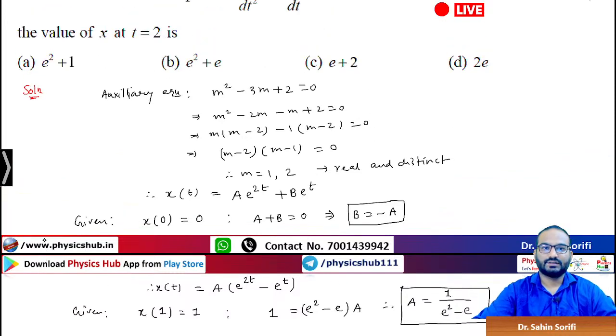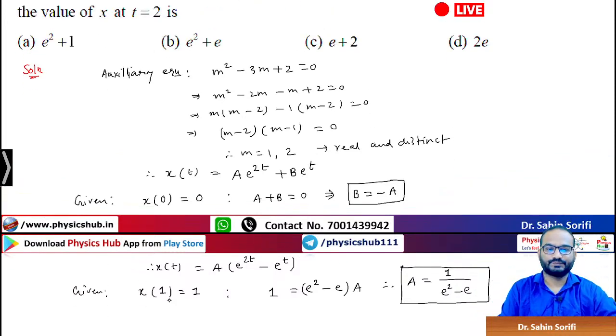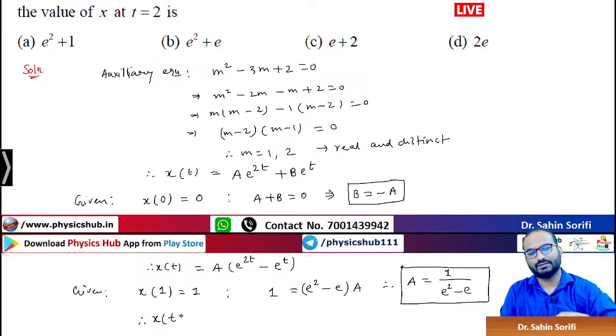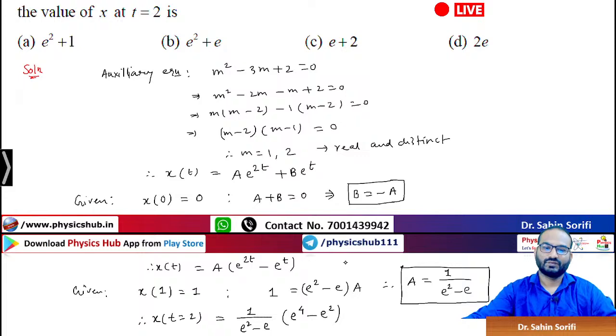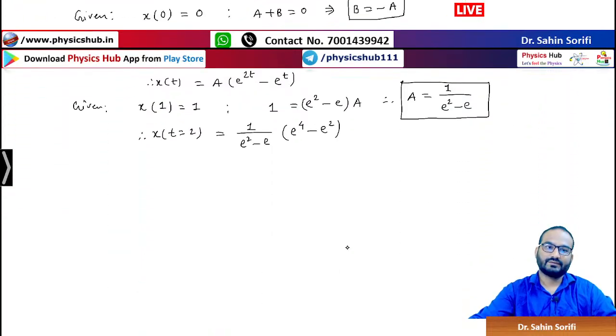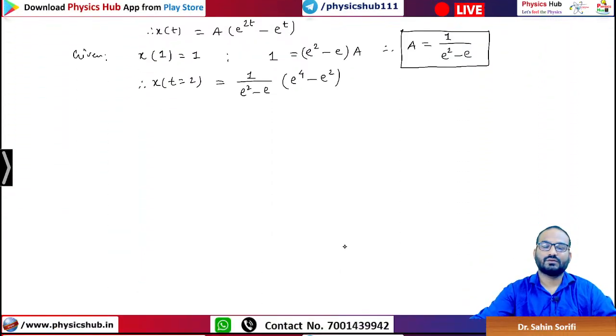Okay, let's check. Value of x at t equals to 2. So a is 1 upon e square minus e, times e to the power 4 minus e square. So e to the power 4 minus e square is equals to e square whole square minus e whole square.